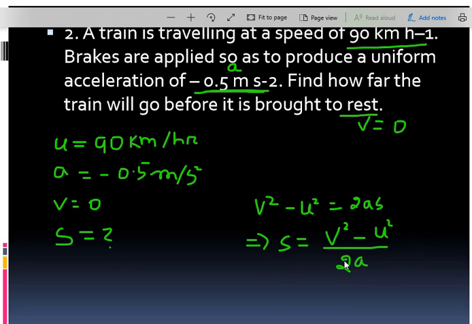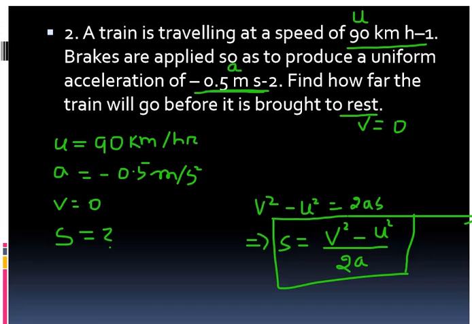So here you put the respective values of v, u and a and try to find out the answer. Try to solve these questions. Here these are the values of u and v. Just put these respective values here and calculate the total displacement traveled by the train.